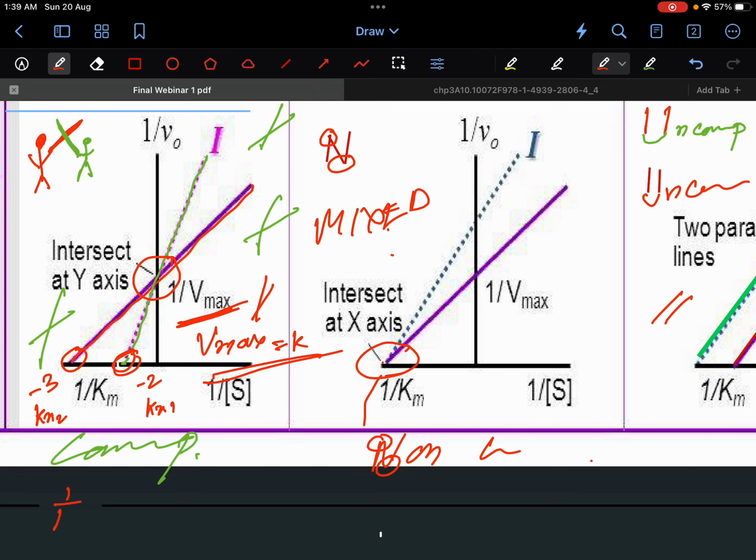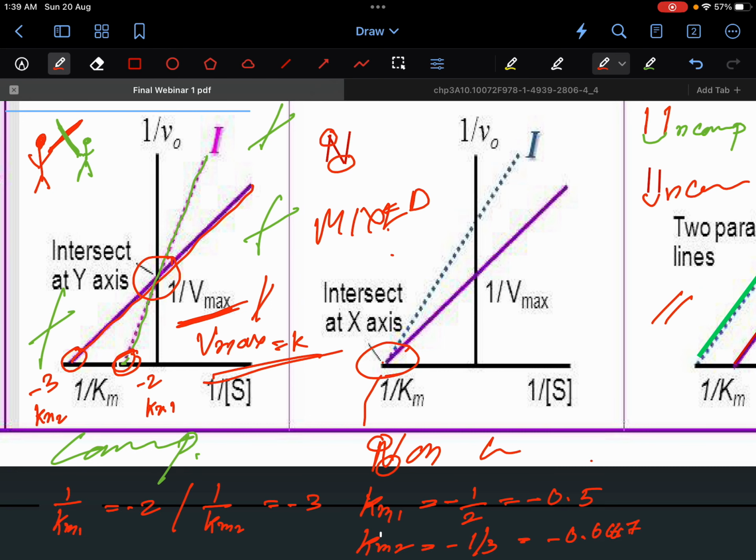So 1 by Km1 is equal to -2, right? And what is 1 by Km2? It is -3, right? So now what is Km1? Km1 equals -1 by 2, and what is -1 by 2? That is -0.5. And what is Km2? Km2 is -1 by 3, and what is 1 by 3? -0.6667, right?